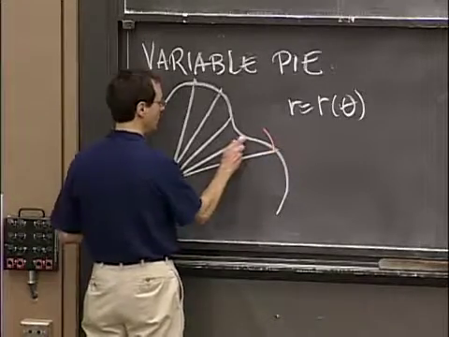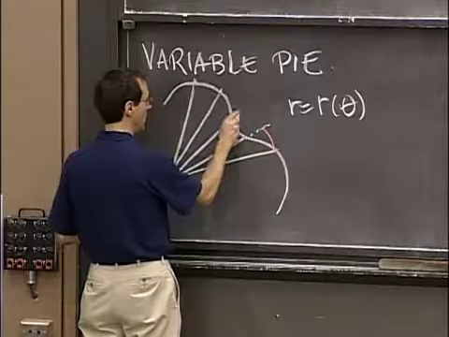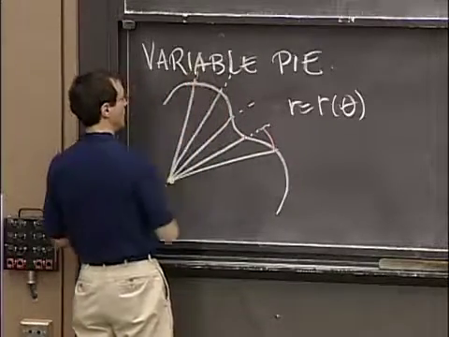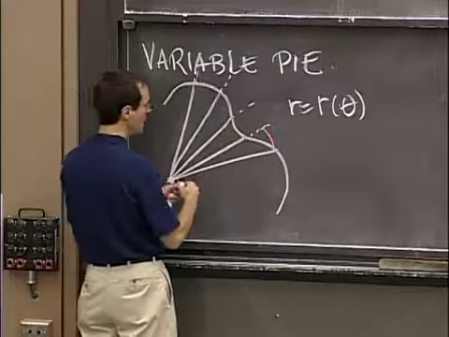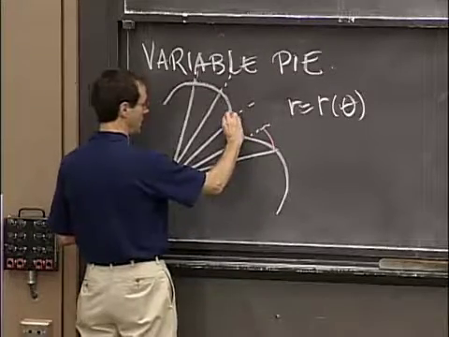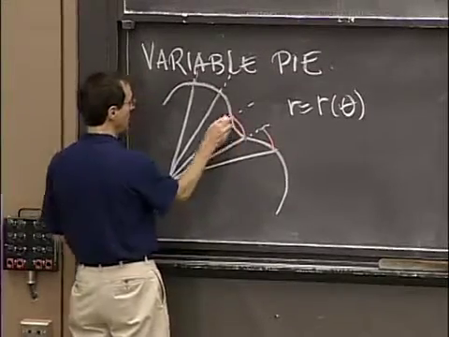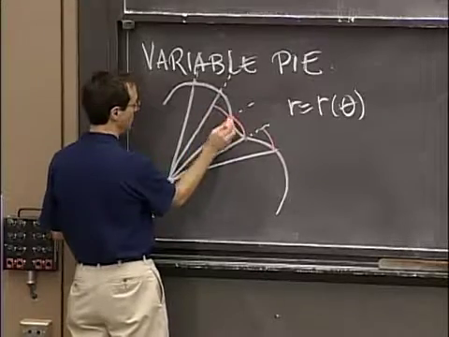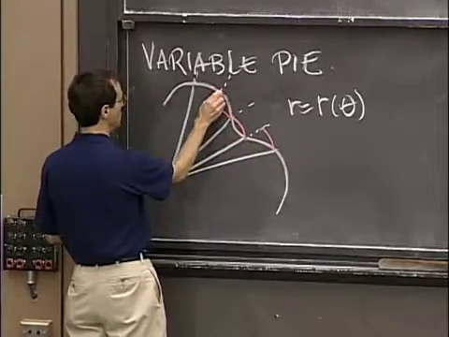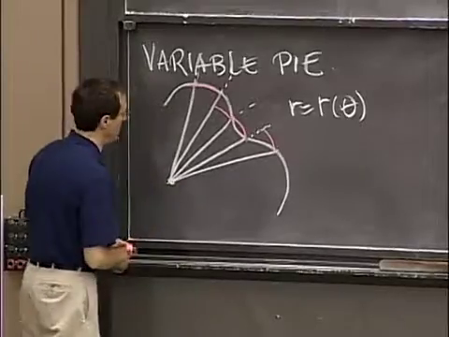I'm going to extend past where this goes, and then take each circular arc. So here's a circular arc, and then here's another circular arc, and here's another circular arc. It's just right on the nose in that case.